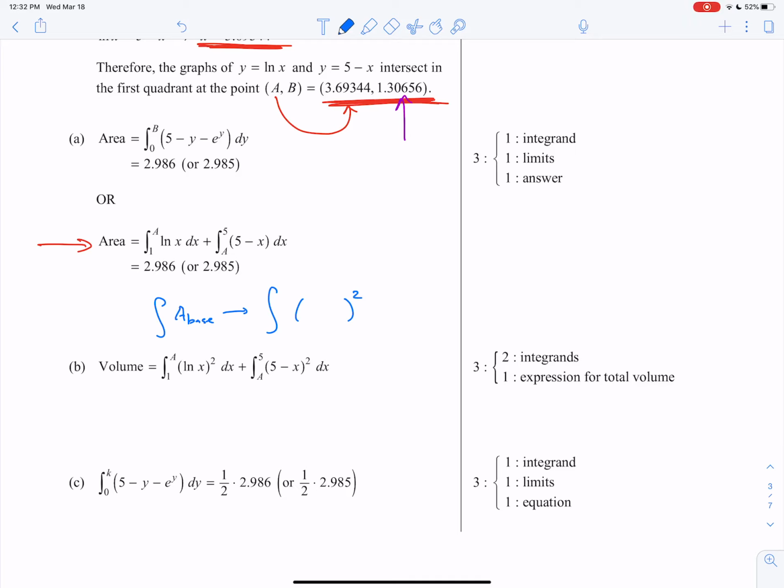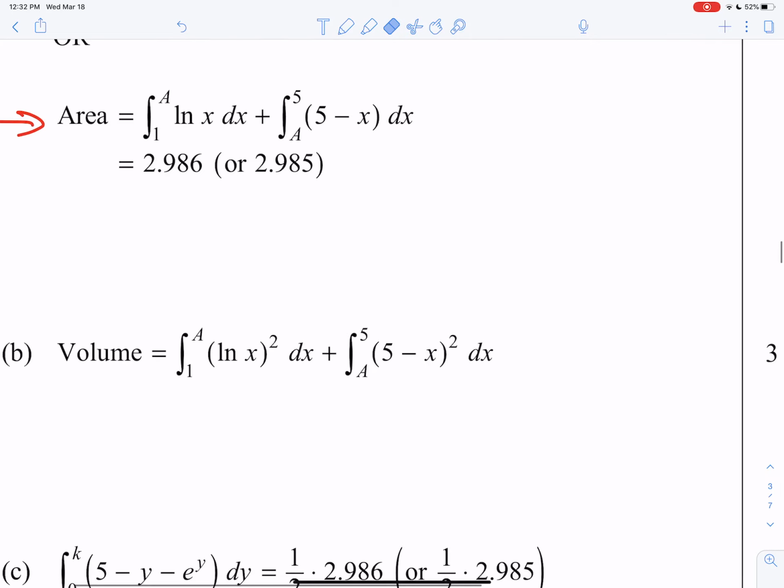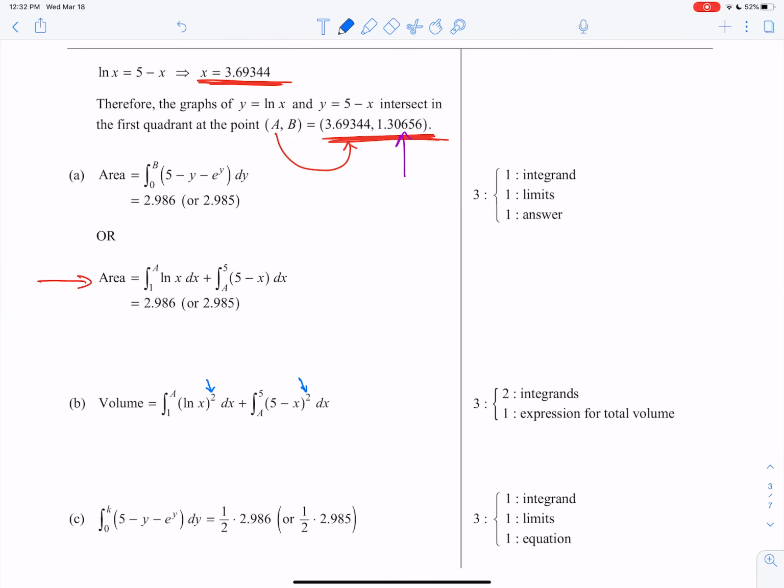So if you integrate in terms of x in part A, part B is not really different. If you notice, it's really just the same thing, but now it has a square. Okay? Now, this is because the cross section is a square. Had the cross section been anything else, you would have to use that formula. So just keep that in mind, okay?